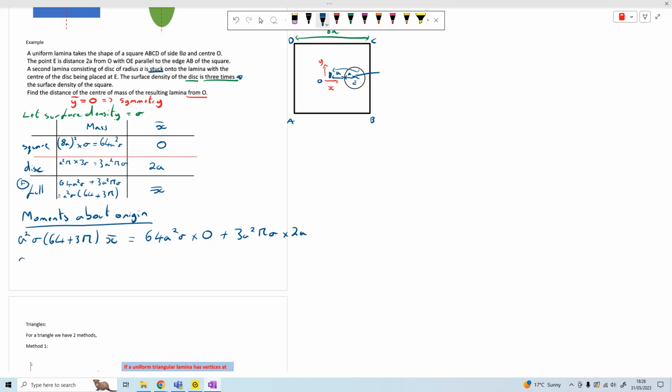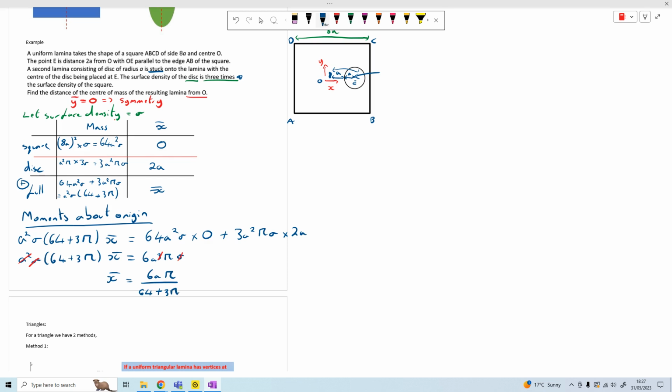Let's tidy it up. So a squared sigma is 64 plus 3 pi x bar. That's going to be 0, so I end up with 6a cubed pi sigma. Let's simplify: a squared can go from here, and I can get rid of the cubed. The sigmas can go. I need x bar on its own, so my x bar is going to be 6a pi all over 64 plus 3 pi.